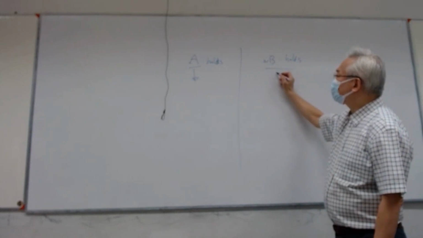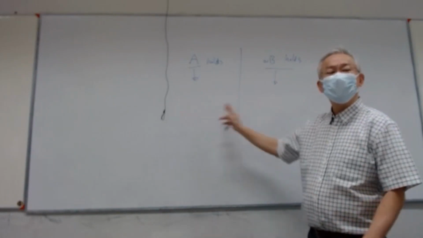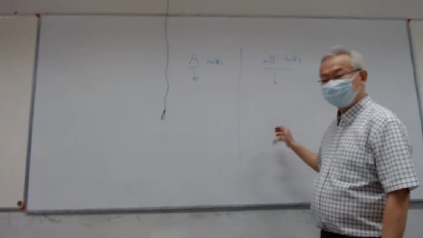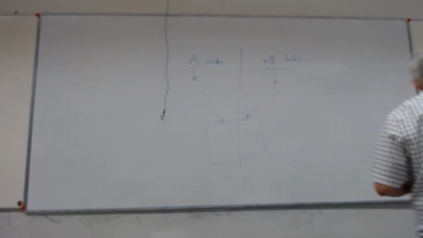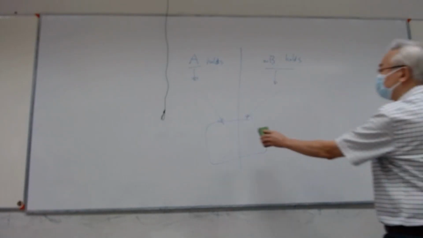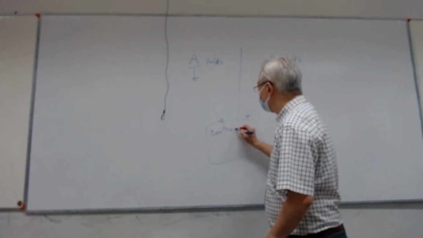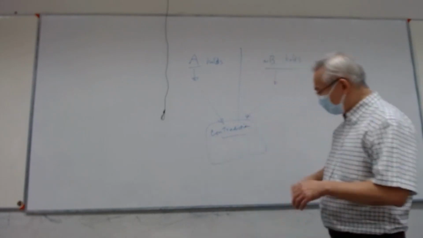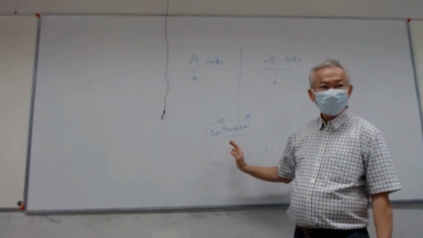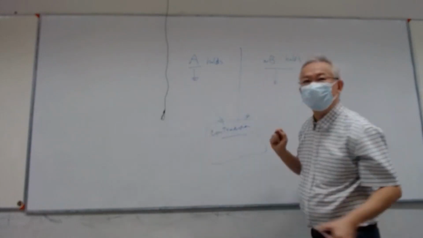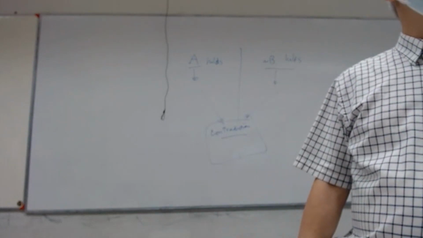From this we try to deduce consequences, and if we reach a contradiction between the two sides at some point, then by the principle of contradiction we conclude that A implies B.